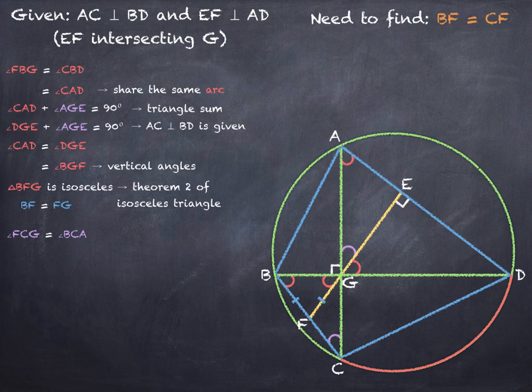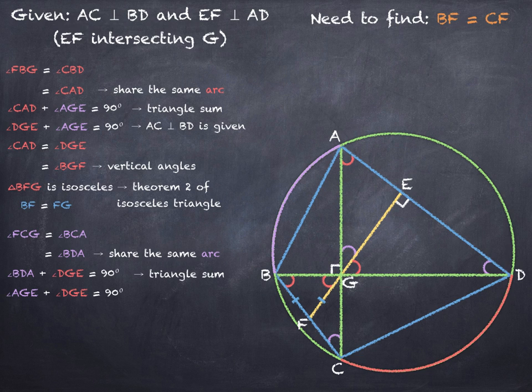Next, let's look at angle FCG, which equals angle BCA. This also equals angle BDA because they share the same arc. Angle BDA plus angle DGE equal 90 degrees because of the triangle sum. And angle AGE plus angle DGE equals 90 degrees because line AC is perpendicular to line BD, which was given to us.